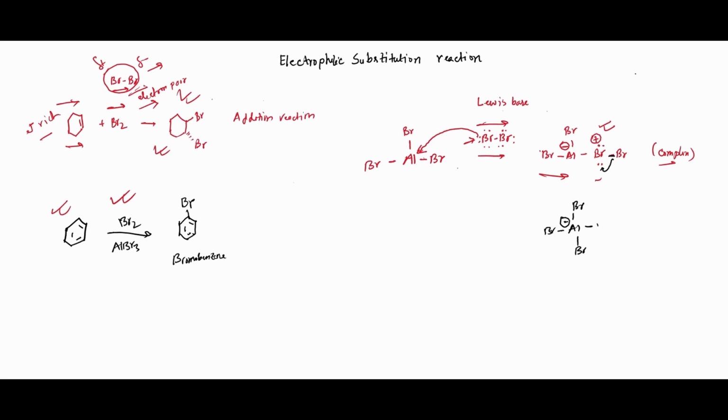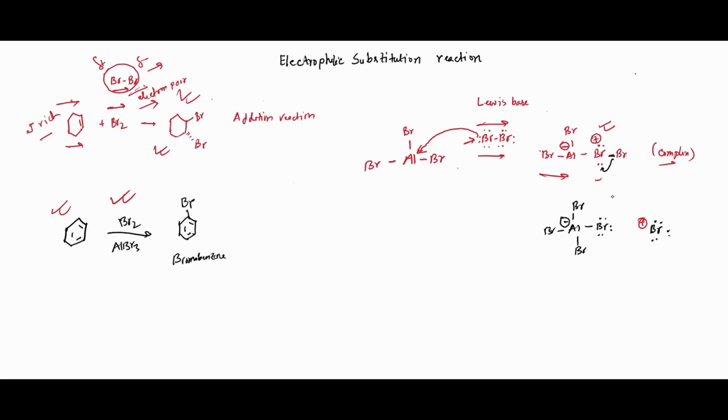Now this will get neutral because the positive charge is compensated with the electrons from the bond, right? So it has now all 6 electrons, and then the other bromine is already separated and it already donated the electrons, so it will have this positive charge on it. That's one way of thinking.